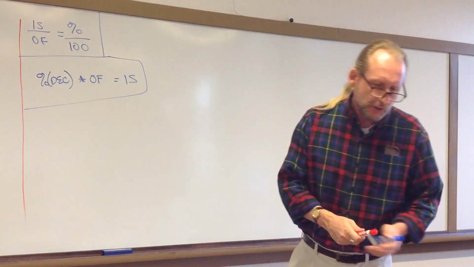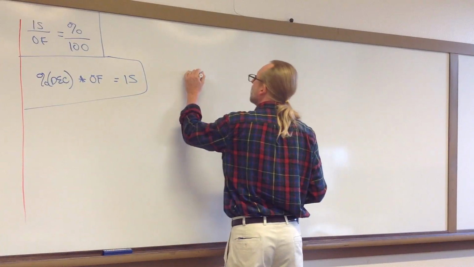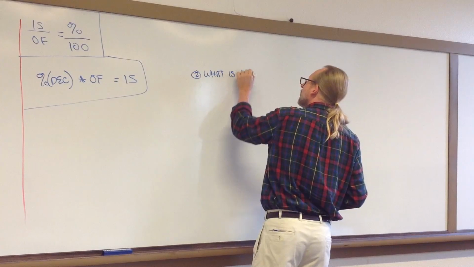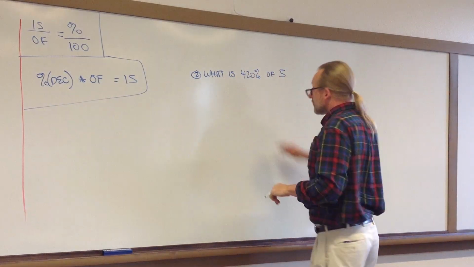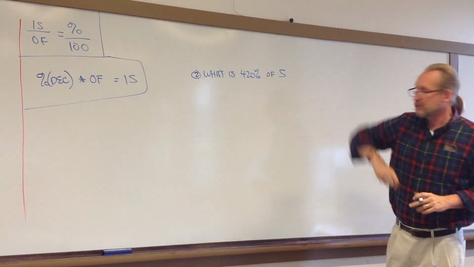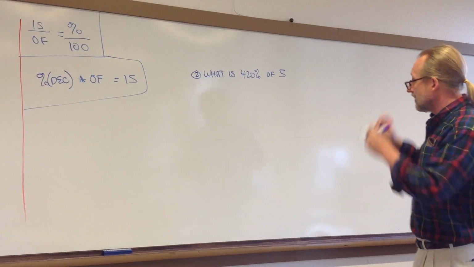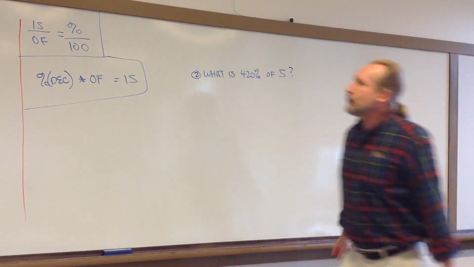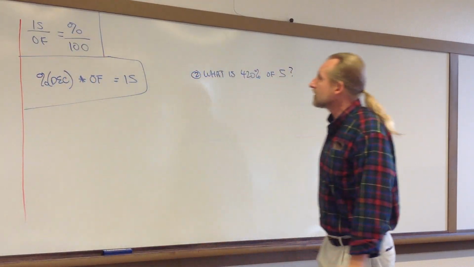So problem 2 says, what is 420% of 5? So notice right away we've got one that's got a percentage higher than 100, and that's fine, there's nothing wrong with that. So we'll put our question mark in there. If we want to use this proportion method, we need to identify those pieces, right?